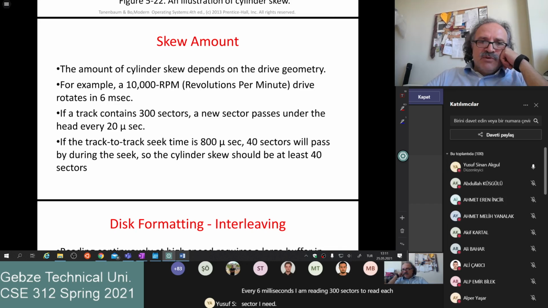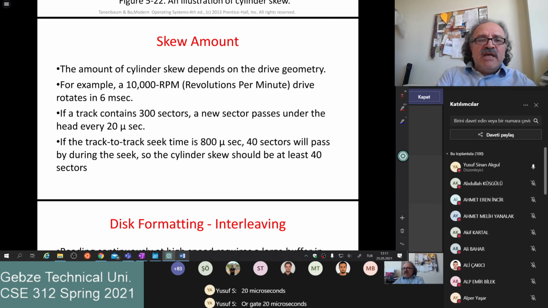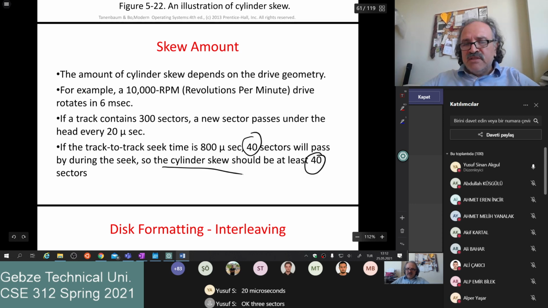If the track-to-track seek time is 800 microseconds, then if I move my head from one track to another track, 40 sectors will pass by, and so my cylinder skew should be 40. In this case my skew is 3 sectors, but this calculation says that for this kind of a disk, your skew amount should be 40 sectors.